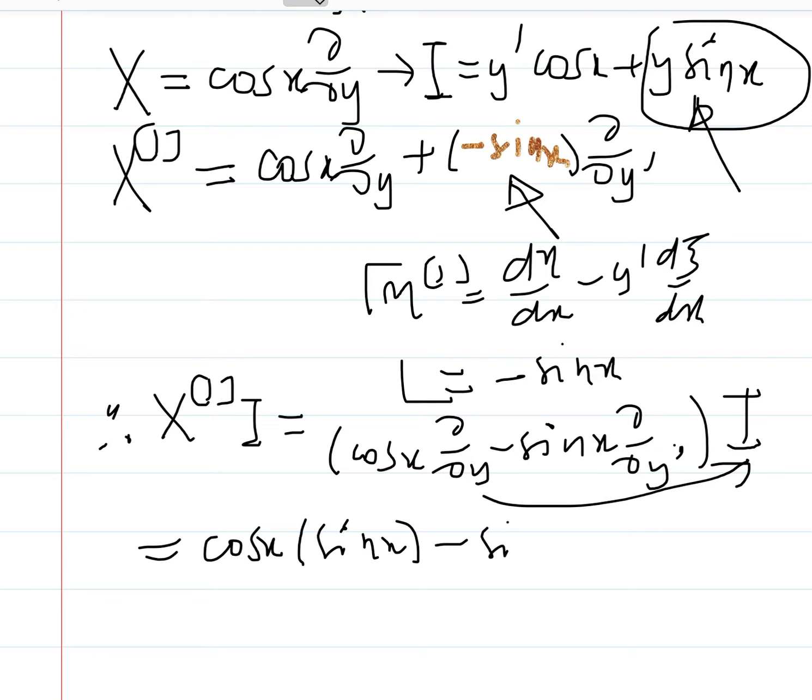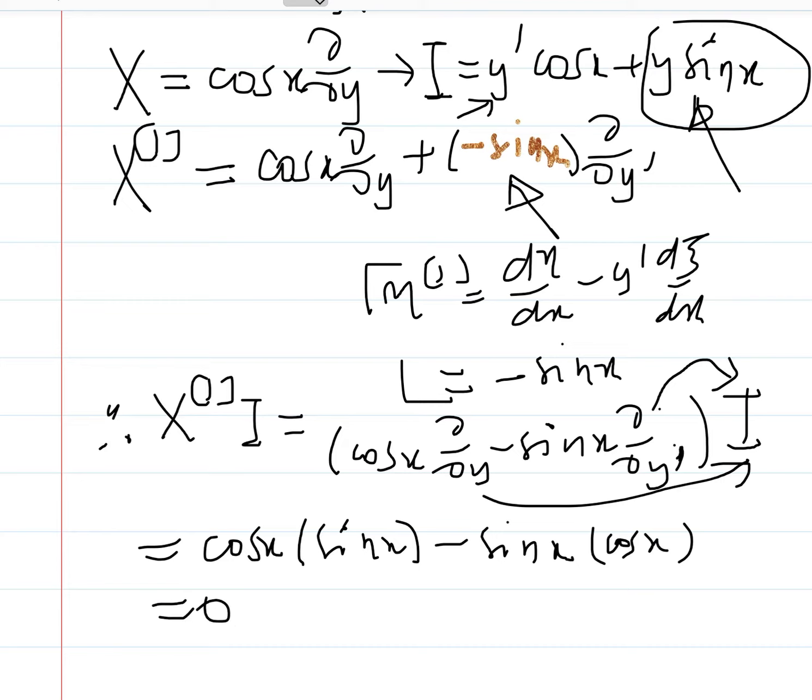Then it's minus sine x multiplied by the derivative of I with respect to y dash. If you differentiate the function I with respect to y dash, from this term here you get 1 times cos x. And then that's equal to 0.